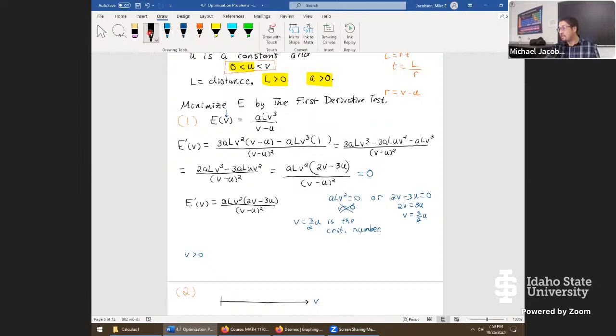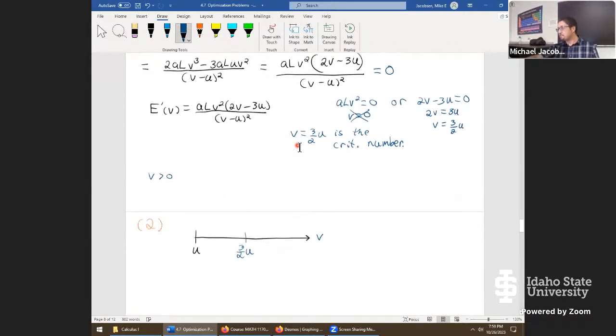So this starts at U, right down here. We found a critical number of 3/2 for the value of V, so let's put 3/2 of U. So 3/2 of U would go right here. Let's zoom back in on that. So here's 3/2 of U.